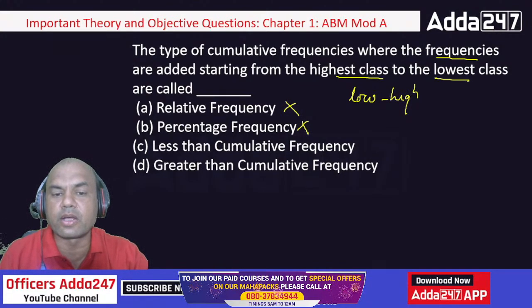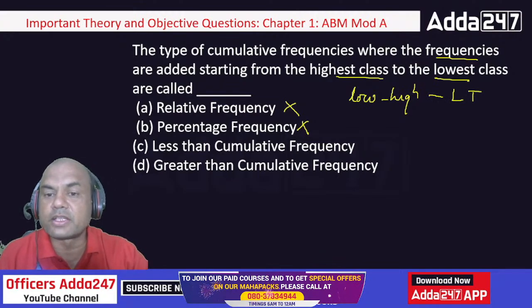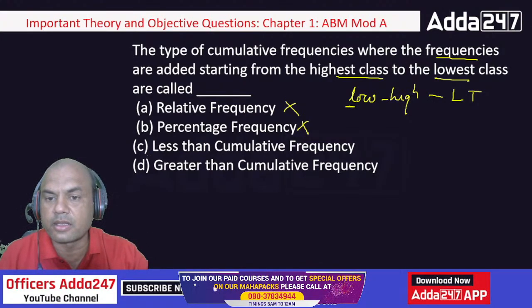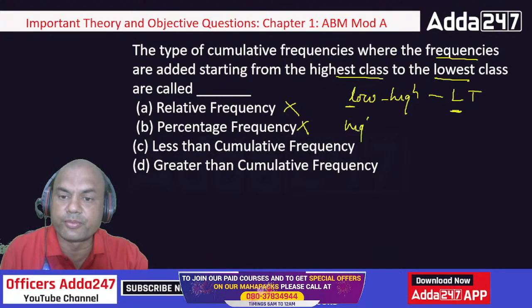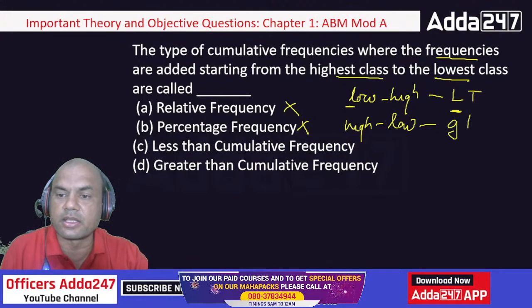So whenever it is low to high, remember it is less than. LT, I'll write it. How to remember? If it is low, then L earlier. And if it is from high to low, then it is known as greater than, GT. Okay. GT, you can write it this way.